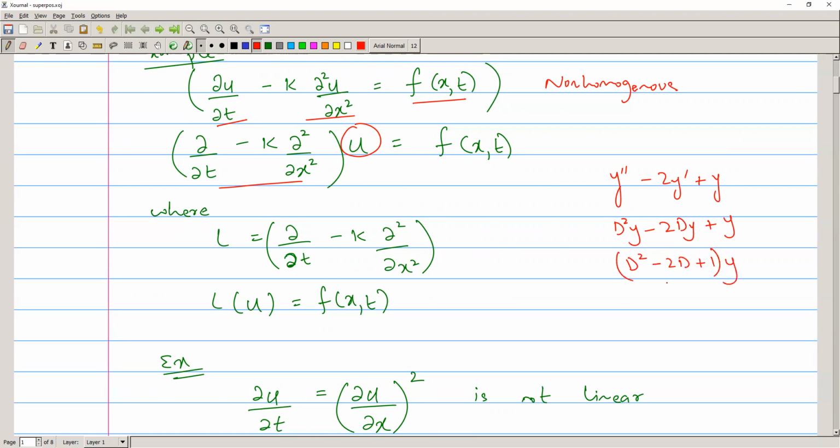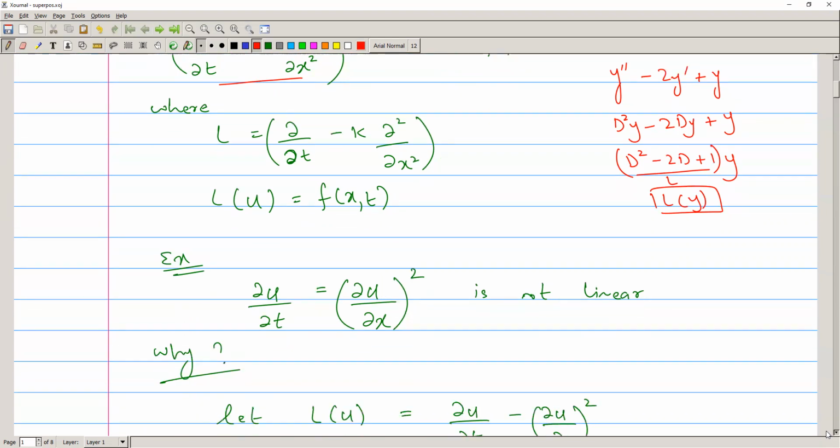All right. So this is basically the linear operator. So it can be written as Ly.